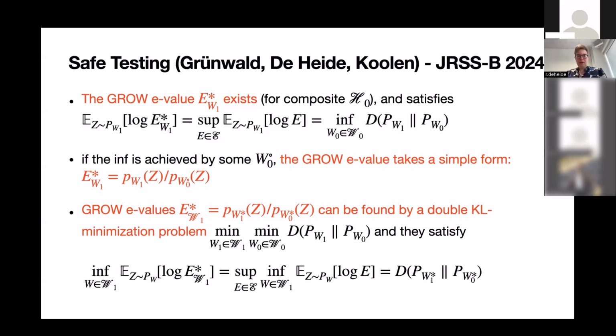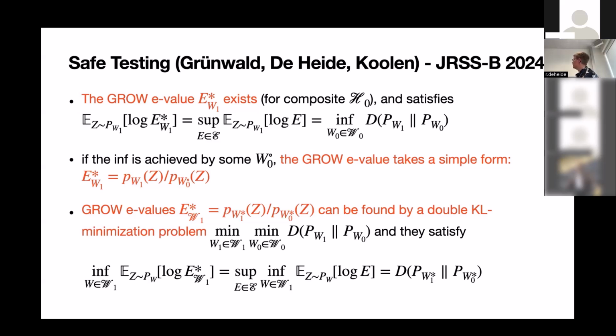Then this infimum from the first line is attained by some sort of generalized likelihood ratio, which takes the simple form. It is one distribution divided by another distribution.